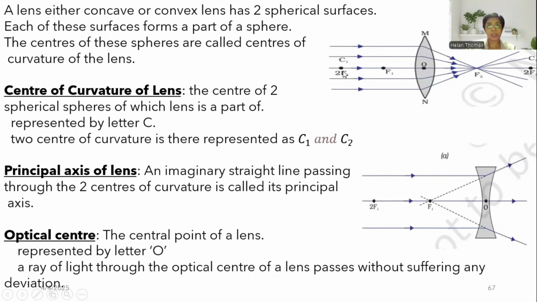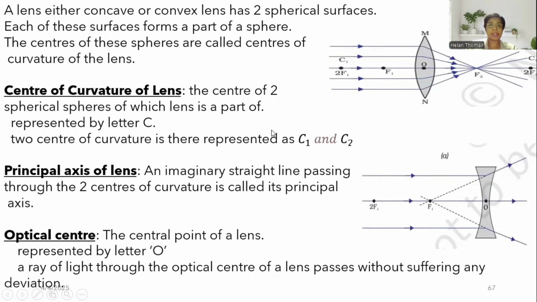So on the principal axis you have the points C1, the first center of curvature, the first focus F1, the optical center, F2, and also the second center of curvature. It is an imaginary straight line passing through both centers of curvature, and that is the principal axis of your lens.